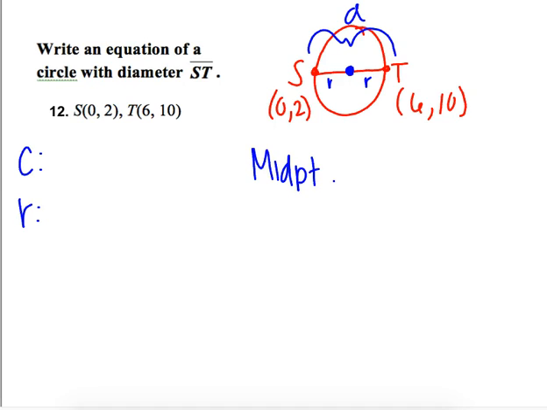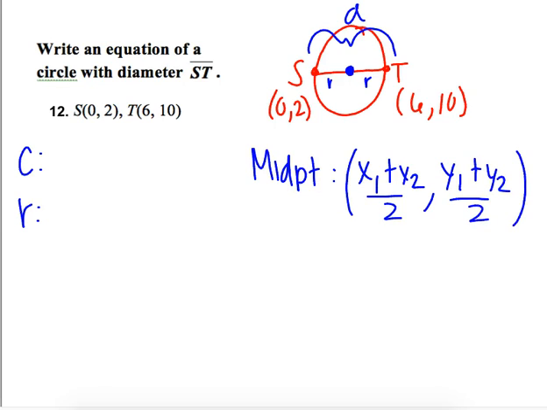For those of you that kind of forgot, midpoint: add your x coordinates together, divide by 2, add your y coordinates together, divide by 2. Nice review before your final, since the full year final, things like that will come back up again. So if we plug in, we add our x coordinates together, 0 plus 6 over 2.